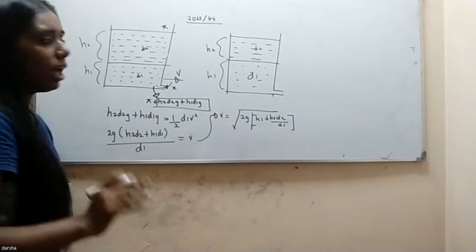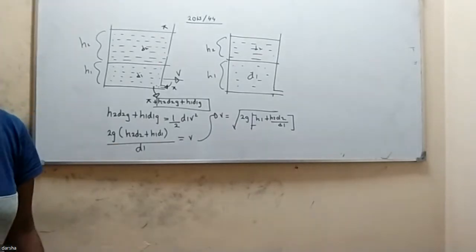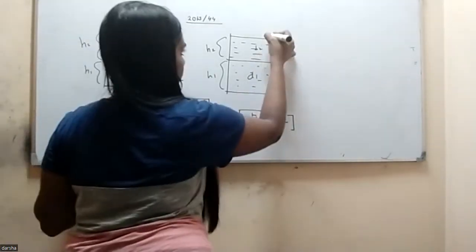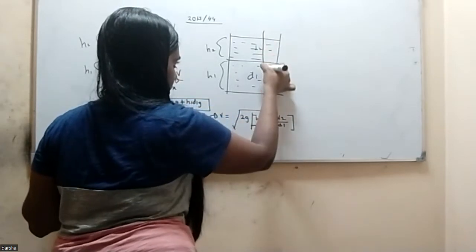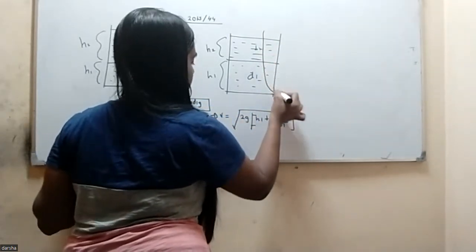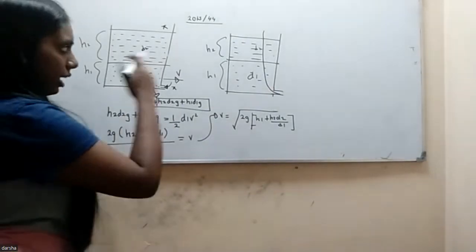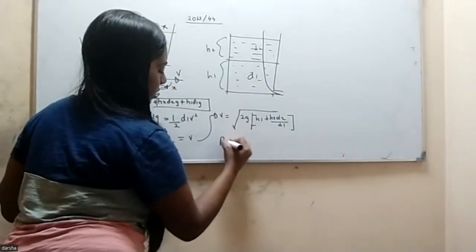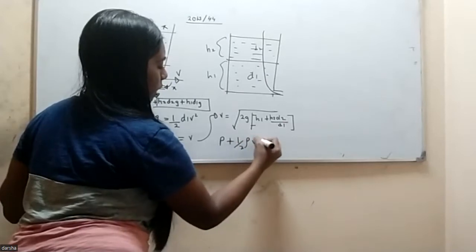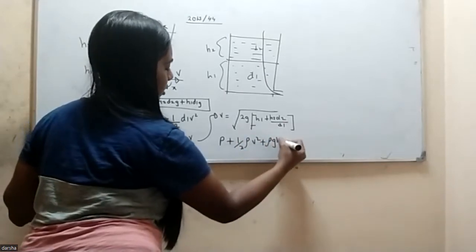So when we are applying Bernoulli's equation, we will draw a streamline. I am considering a streamline like this. Bernoulli's equation says that at any point on the streamline, P plus half rho V squared plus rho g h is a constant.